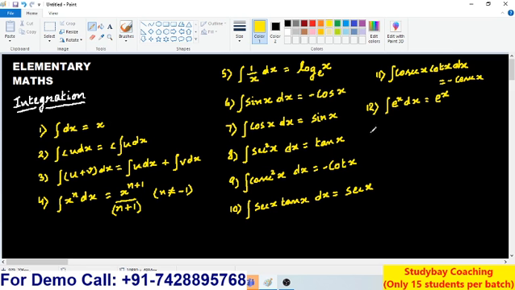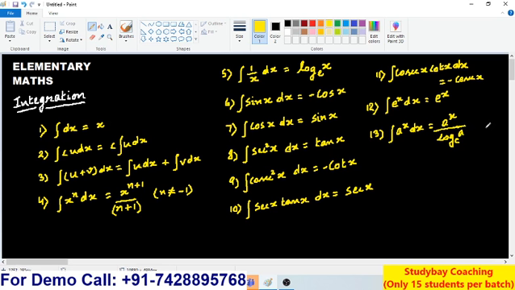Okay, and last we have integral a to the power x dx, and that will be equal to a to the power x upon log of a base e.